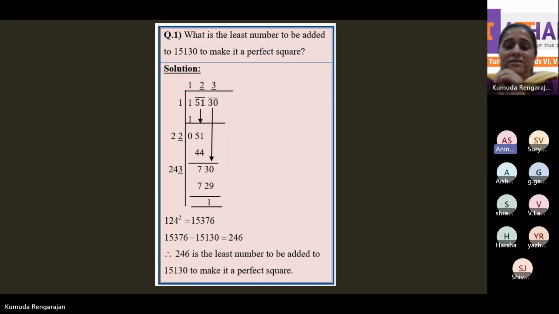Ma, there is an insect here. Can you come, please? Sorry? Please, it's big. Oh, you're talking to somebody in your house. Please disable your mic, Anantika. So, Anantika, kindly disable your mic.